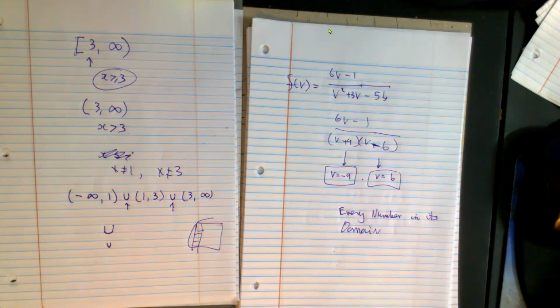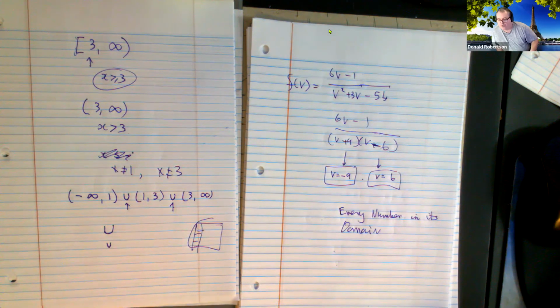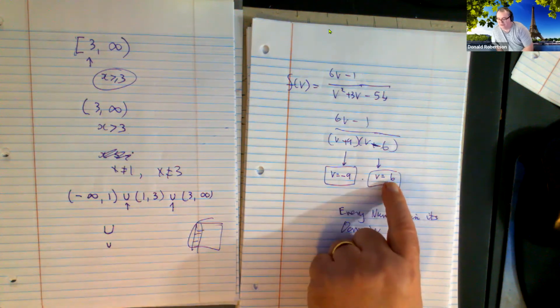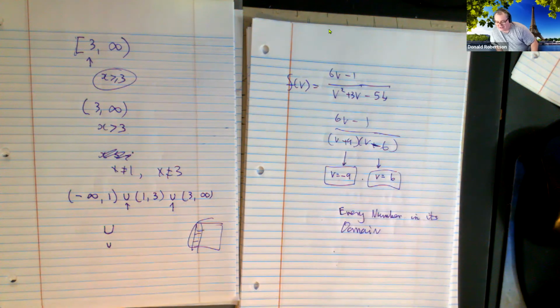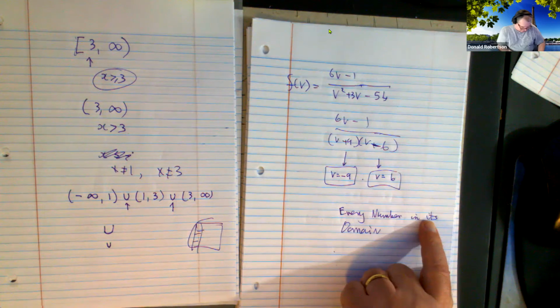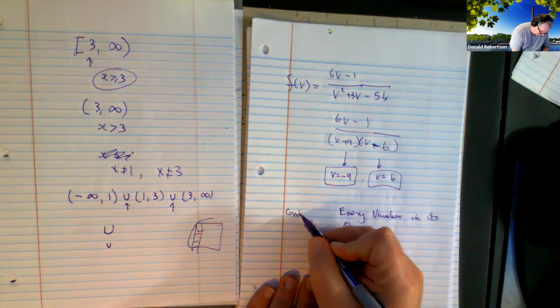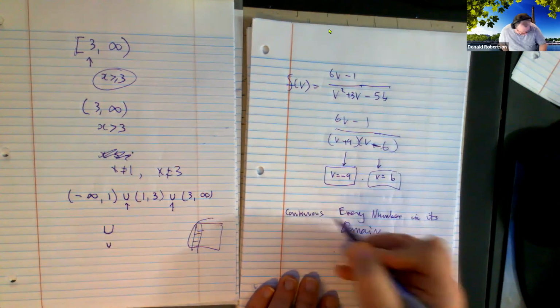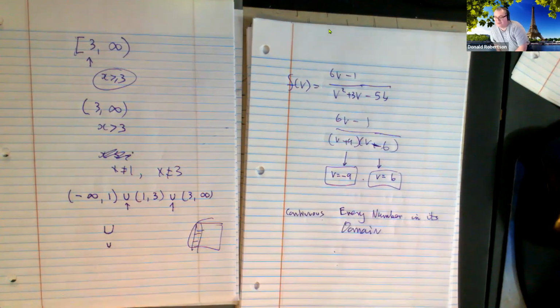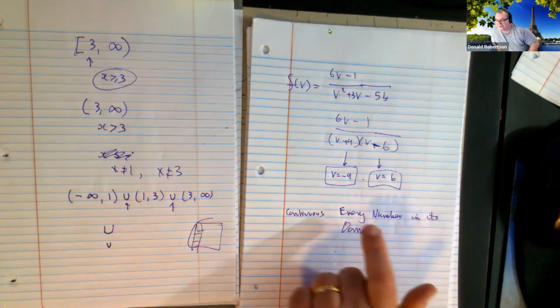Right. And so isn't the function okay as long as you don't include these 2 numbers? So the function is okay, right? It's continuous for every value in its domain, because its domain doesn't have these 2 numbers.